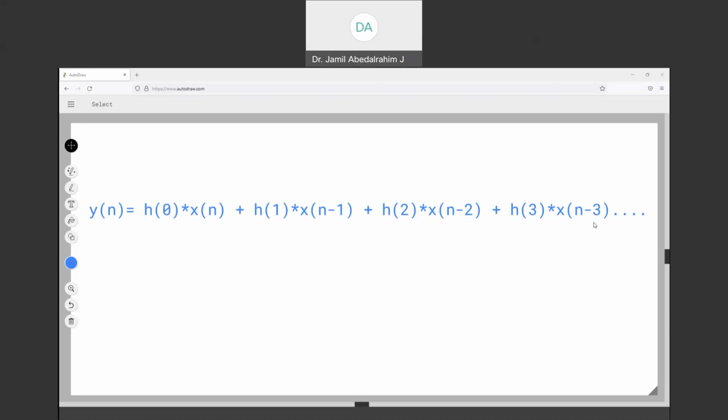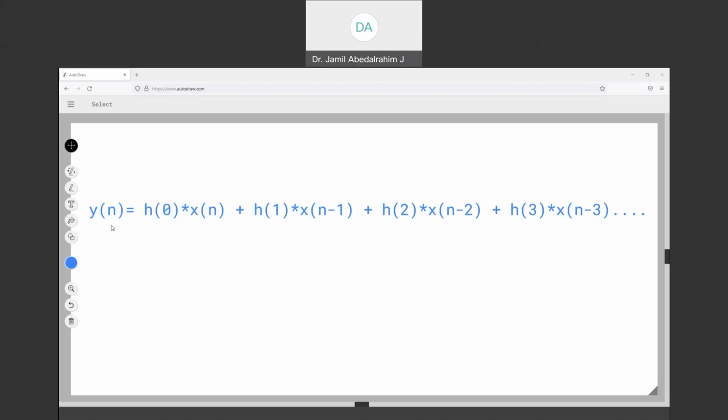By the way, this output y of n is not a perfect equation. We use it to represent a specific system or specific cases. But actually, finding the y of n is done by an equation or method.